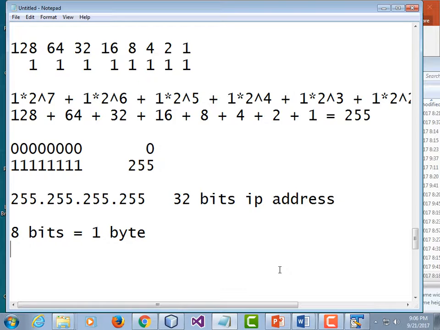It's just a nibble. There really were people who called 4-bit numbers nibbles. So back in the old days, if you had your Commodore 64 or your Apple or whatever, and you were going to write a program that would copy one disk to another, you might call it a nibbler, because it was reading 4 bits at a time and writing it to the other disk drive. So 8 bits is equal to 1 byte. So this is a 4-byte address right here.